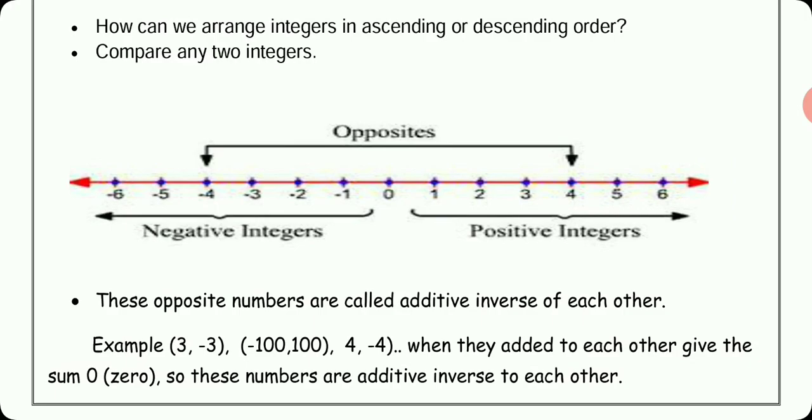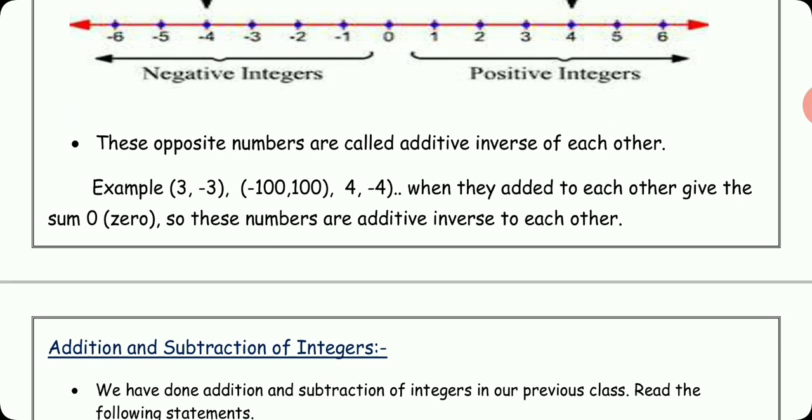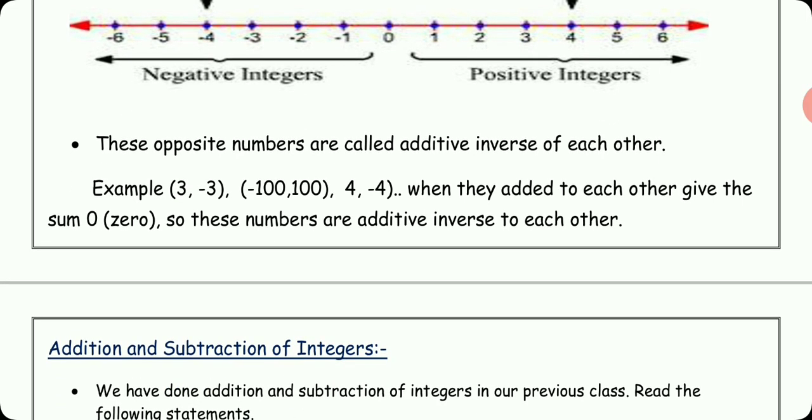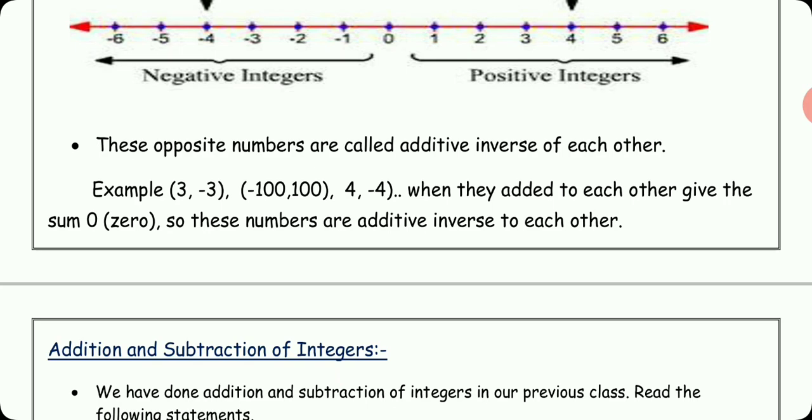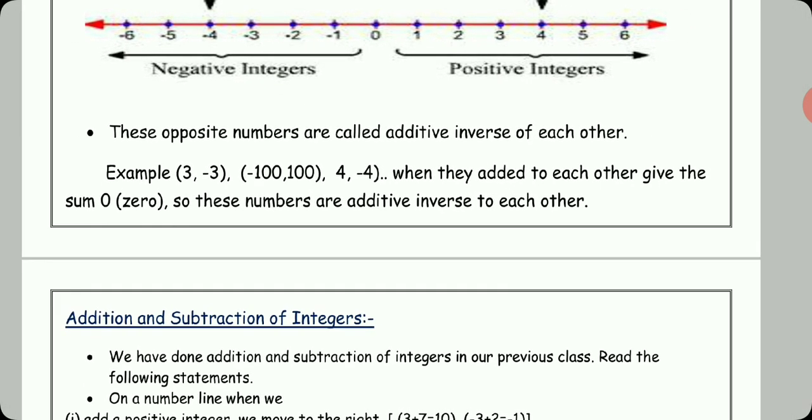Just to recall again, additive inverse means that the sum of these two numbers is 0. For example, 3 and -3, 100 and -100, 4 and -4. Similarly, 1000 and -1000, 950 and -950: when they are added to each other, they give the sum 0. So these numbers are additive inverses of each other.